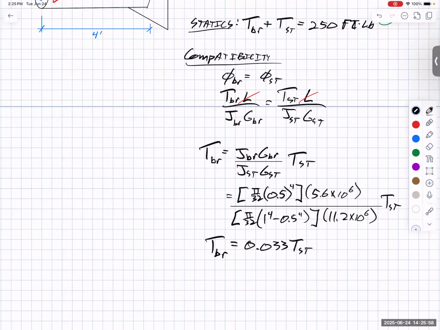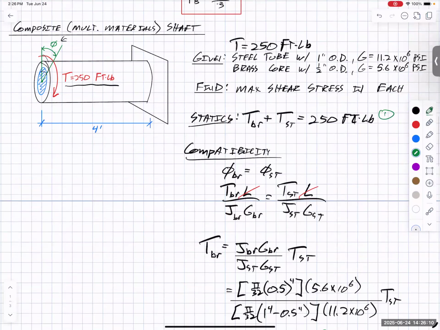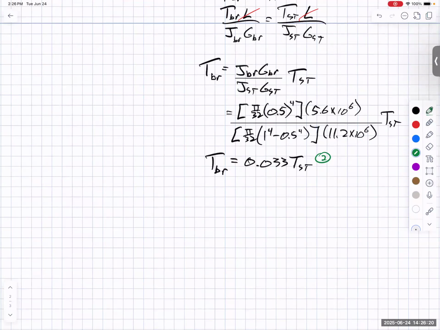What is that actually saying? Let me write the little equation number 2. That's saying that the brass takes hardly any of the load at all. Really, it's the steel, and that's because steel is stronger. It's also much wider. It has a much larger modulus of rigidity because it's a bit bigger in diameter. But regardless, we don't care about that.